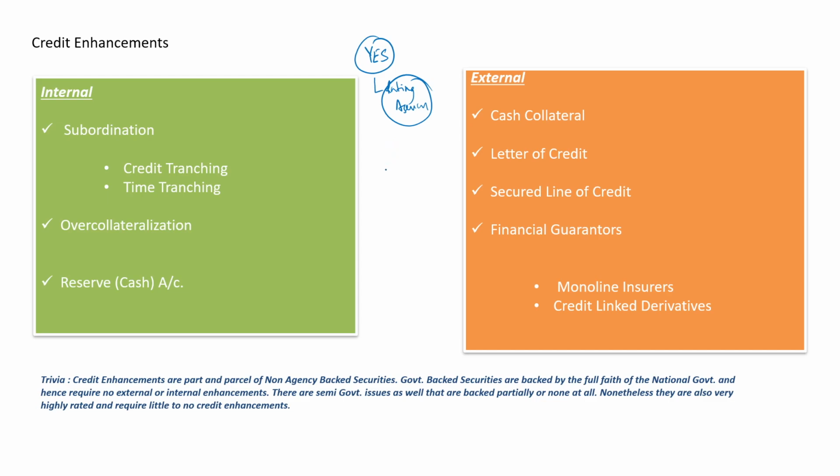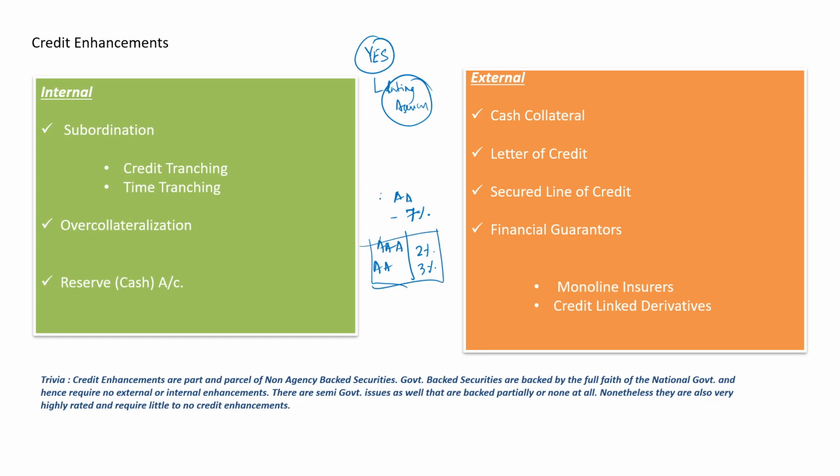From the investors' side, there is an additional level of comfort if a security is rated AA and yet is yielding 7%, as opposed to a AAA security or a similar government security which will only be yielding 2% or 3%.